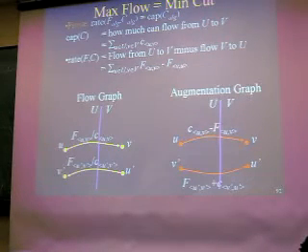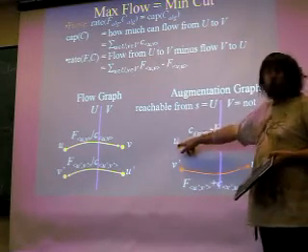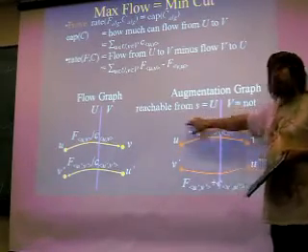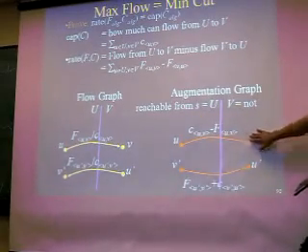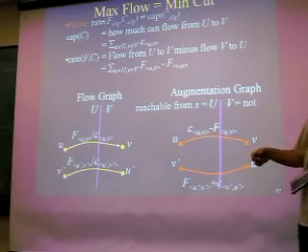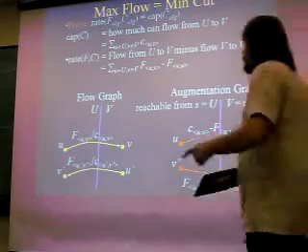People with me here? So these guys are reachable from S, and by definition they're in U. These guys are not reachable from S. Should the bottom arrow be the other way around? Oh, sorry.